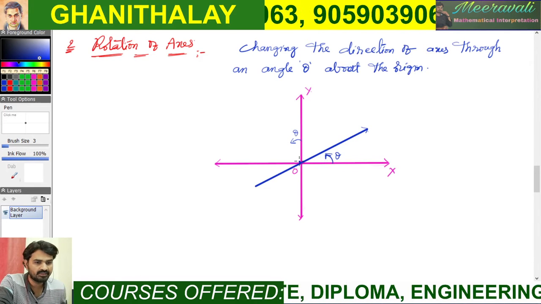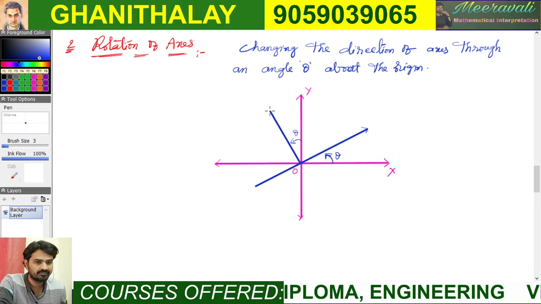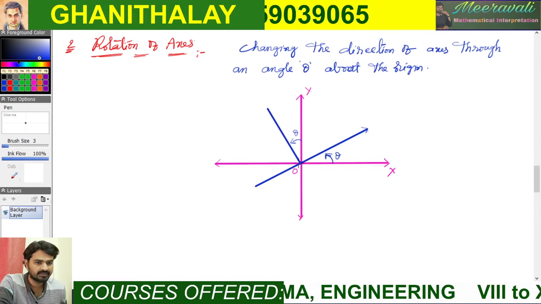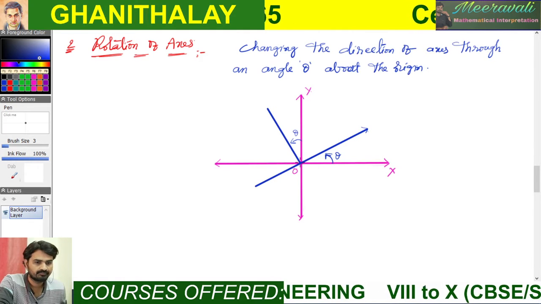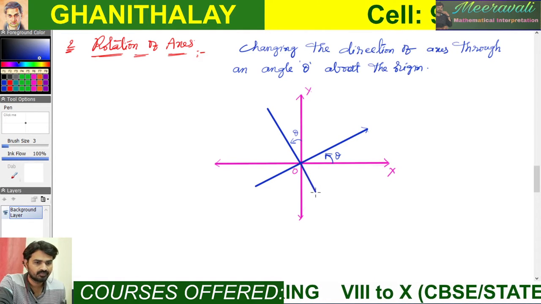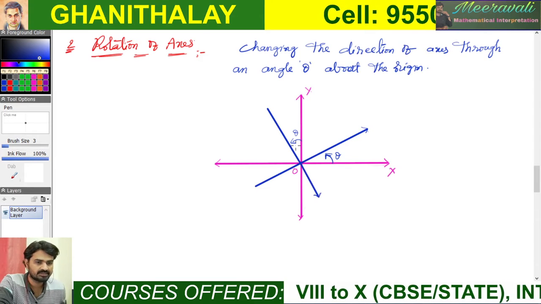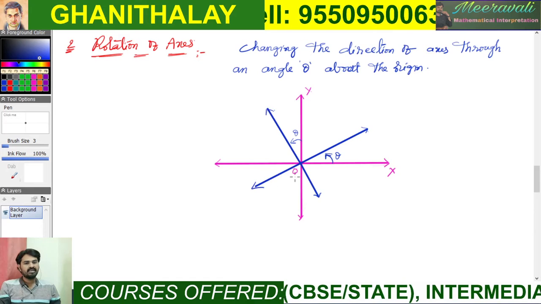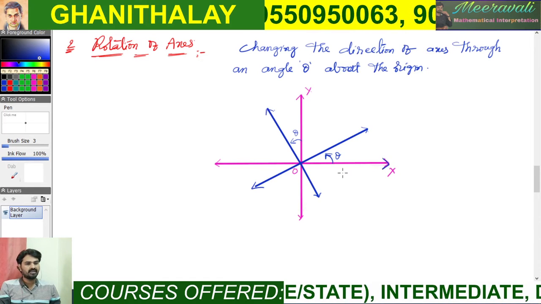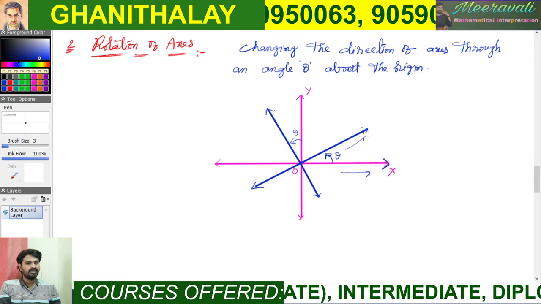Now the y axis is transformed like that. This is the new y axis. So the original direction of the x axis is this one, and now the direction is like that.